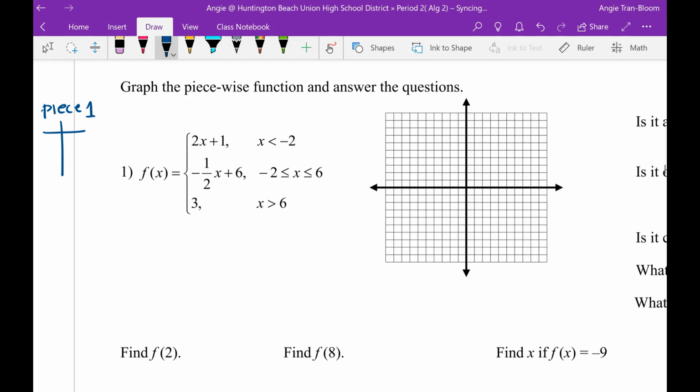So what that means is I can use -3, -4, -5. I can also use -2.5. I can also use -2.1, couldn't I? So I can use as close to -2 as possible, which is never, never, ever use -2. Okay? So at -2, technically you would have a what? An open circle.